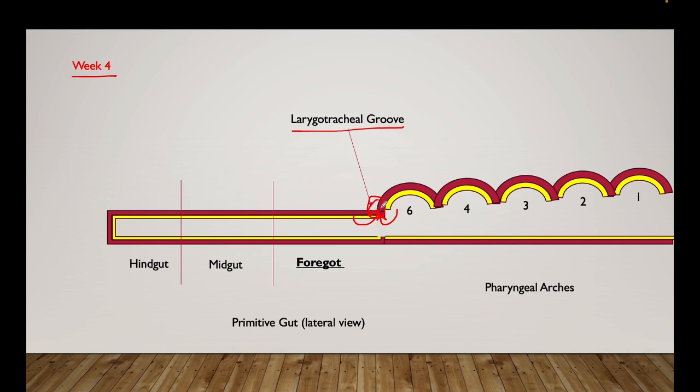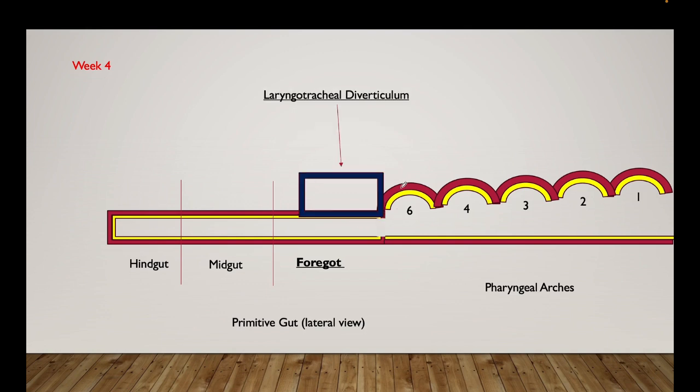To bring the picture closer, the laryngotracheal groove will become the laryngotracheal diverticulum. It has budded off the primitive tube. But as you can see here, it is still attached to the primitive tube.